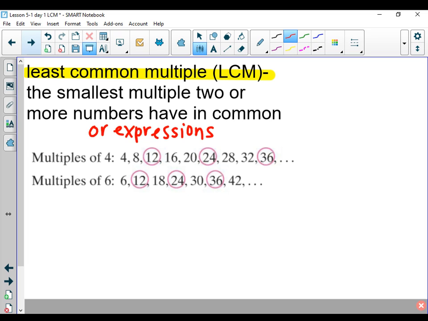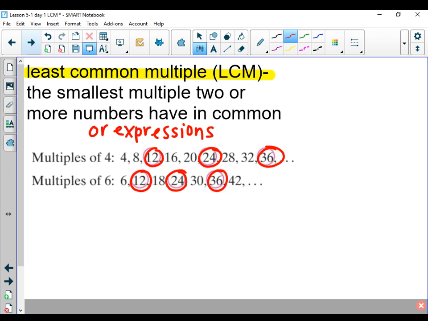Get excited. So when you're skip counting 4 times 1, 4 times 2, 4 times 3, 4 times 4, 4 times 5, 4 times 6, 6 times 1, 6 times 2, 6 times 3, 6 times 4, 6 times 5, 6 times 6, you can see they have several multiples in common.